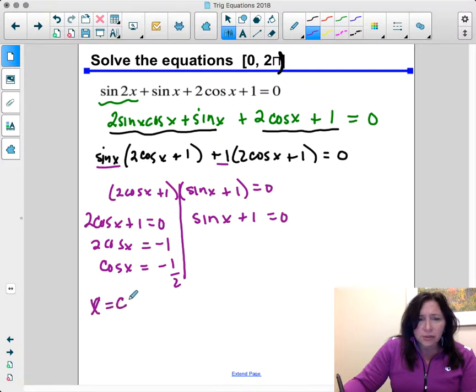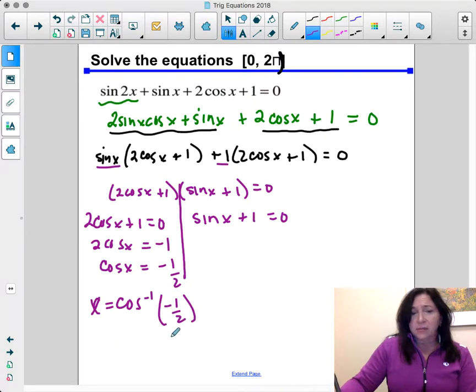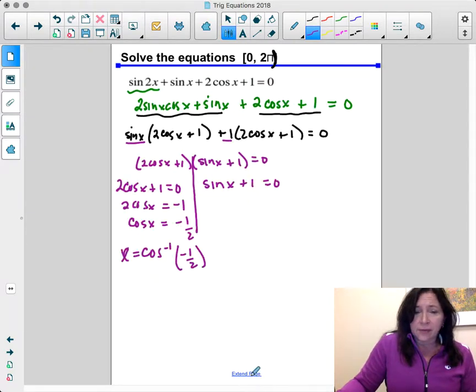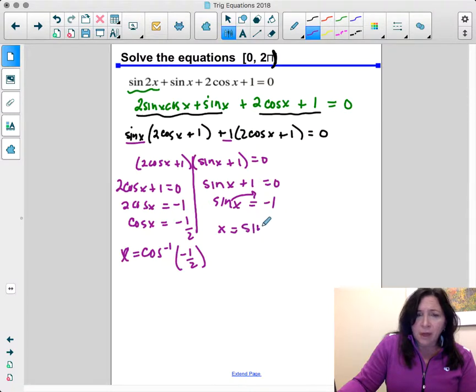X is equal to arc cosine of negative 1/2. And that's asking me, where is cosine negative 1/2? This one is saying sine of x is equal to negative 1. X is equal to, move the sine over, arc sine of negative 1.